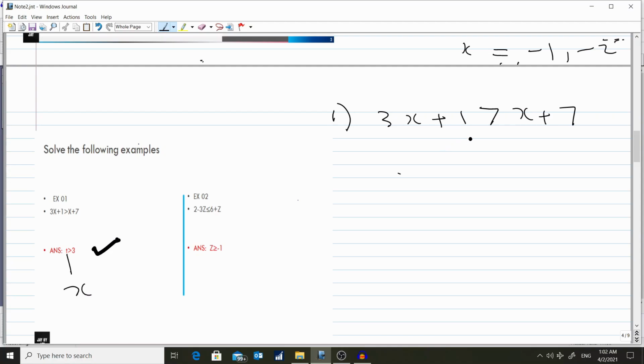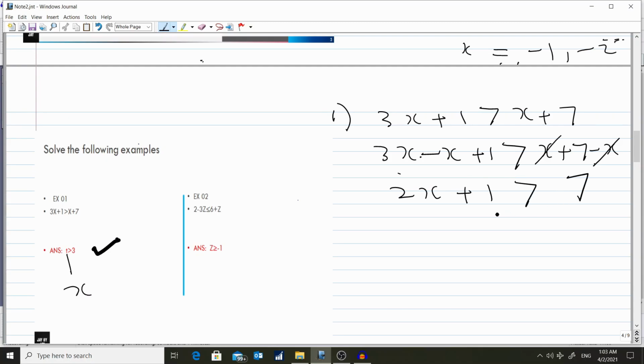We can do that by subtracting x from both sides. I will write down all the steps because this is the first example, right? 3x plus 1 greater than x plus 7 minus x. The x terms cancel out here, so we get 2x plus 1 greater than 7.